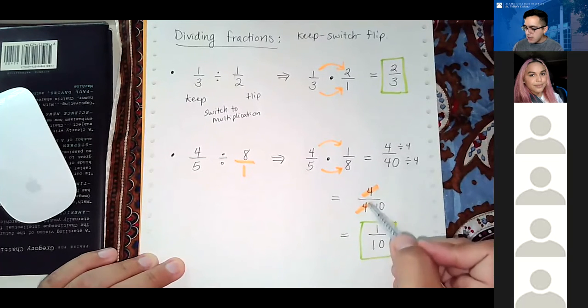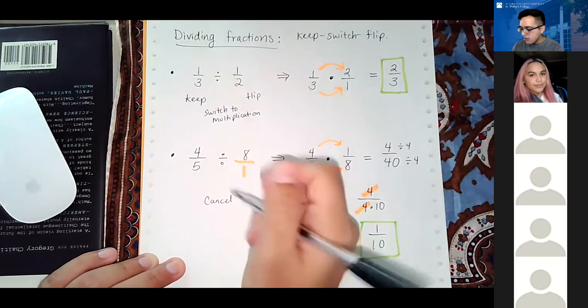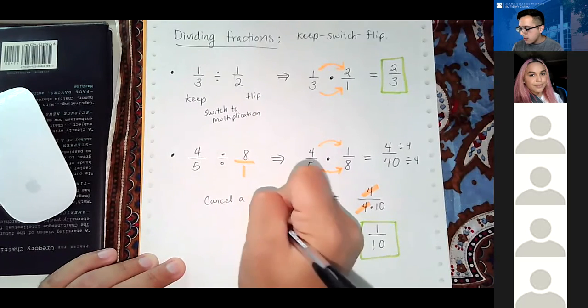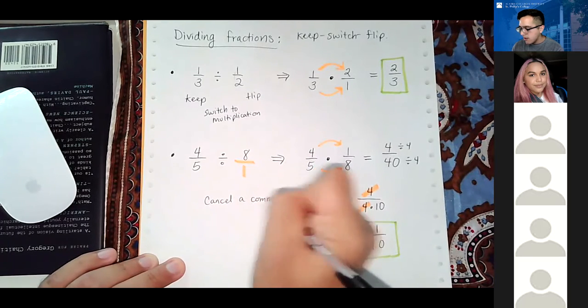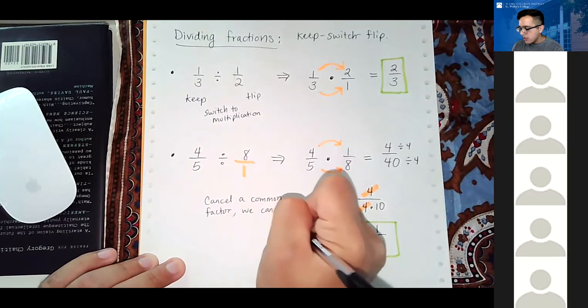Although notice here that if I cancel a common factor, I mentioned this last time when we were reducing fractions, when you cancel a common factor, we cancel by division.